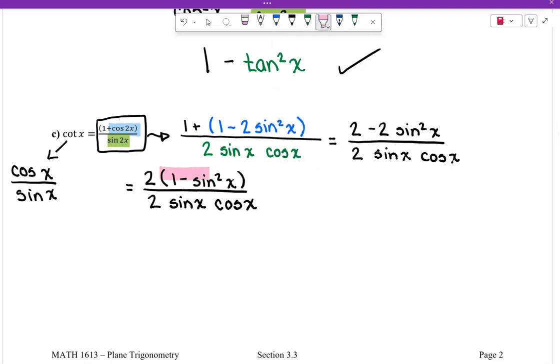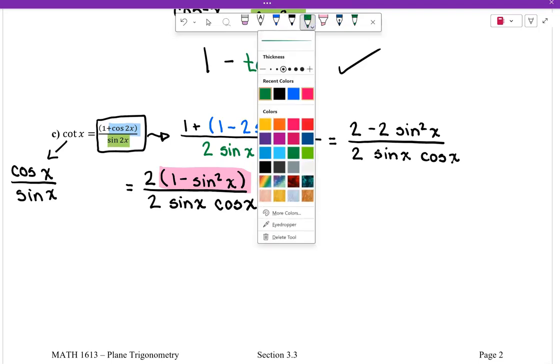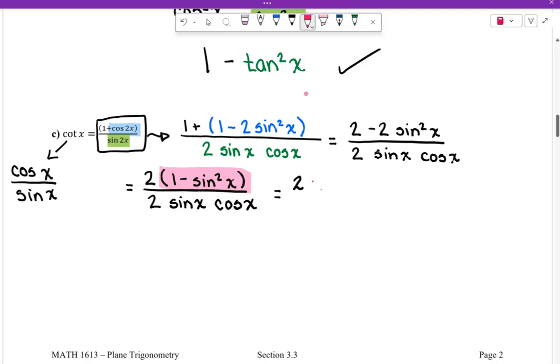Hopefully you can see right here that is cosine squared x all over 2 sine x cosine of x.